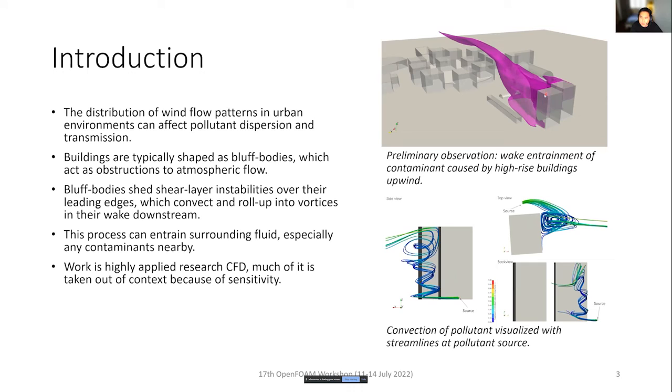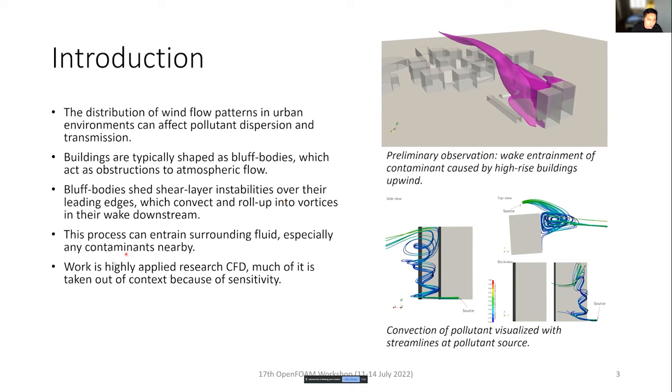Say, for example, you have someone living on the top floor of this building with a nice view, but unfortunately a contaminant is released at the ground level. We will see a vertical propagation of this contaminant due to wake entrainment up to his apartment, so to speak.